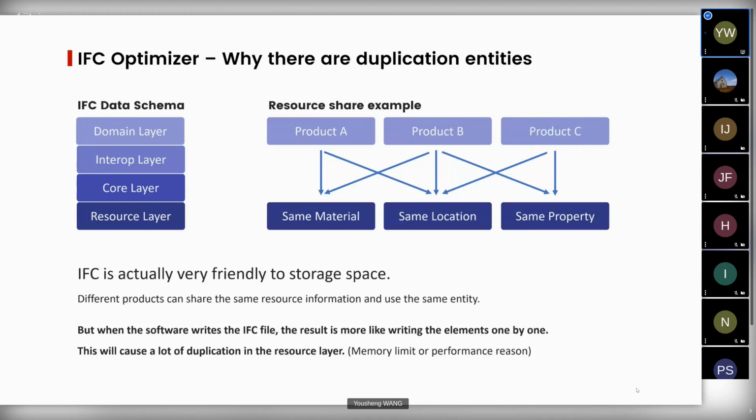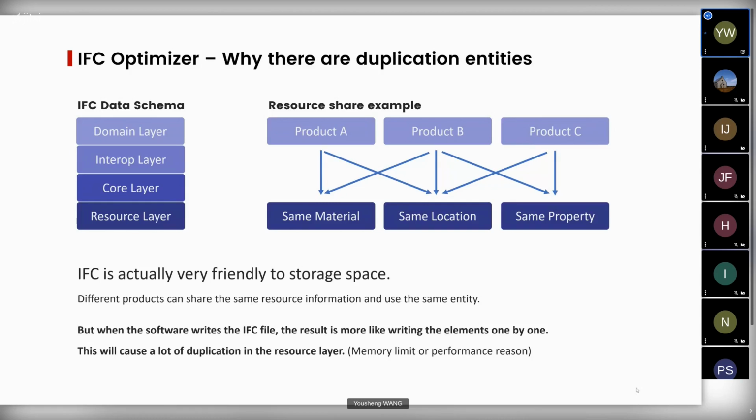And we could create only one entity for the location information and use it for both product A and B. This makes the IFC file actually very friendly to storage space. But when we look at IFC result files, maybe exported by different software, it seems like the elements were written one by one.